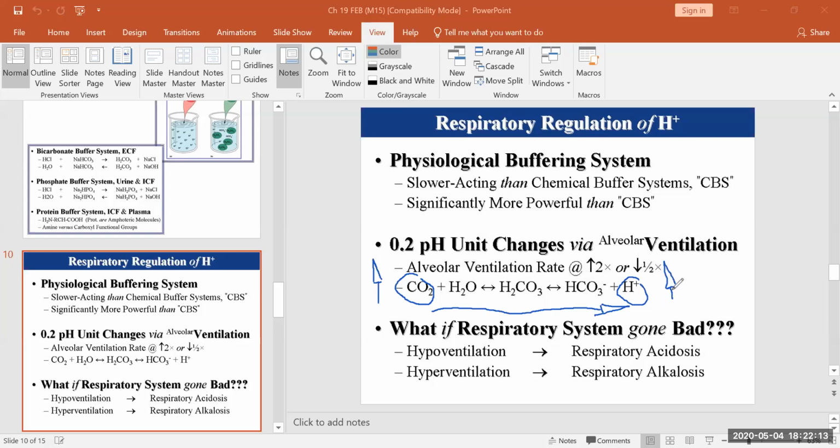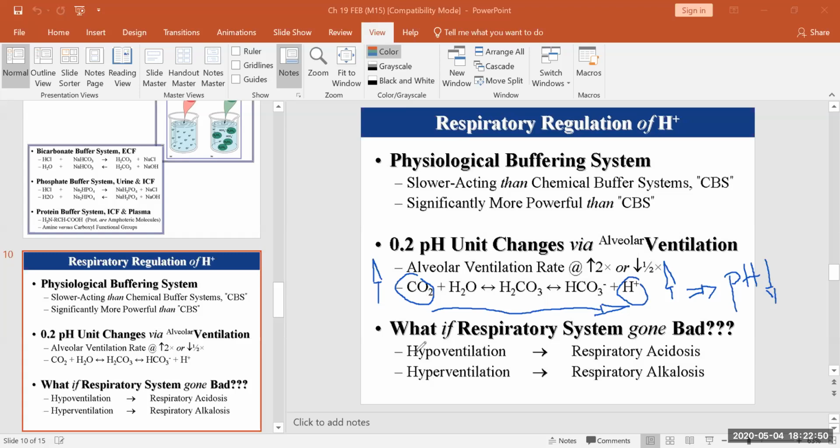And if this proton increases, it will lead to acidification of the solution, so the pH will drop. So if you increase CO2, you acidify your solution. How do you increase CO2? Meaning CO2 is being accumulated in your system.